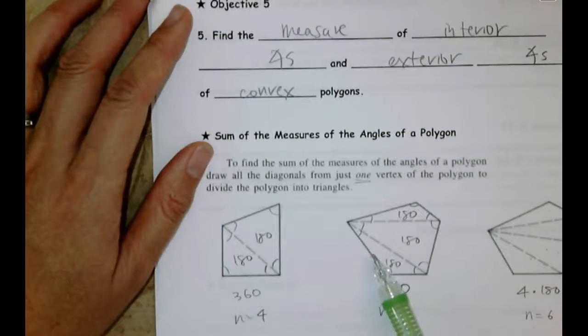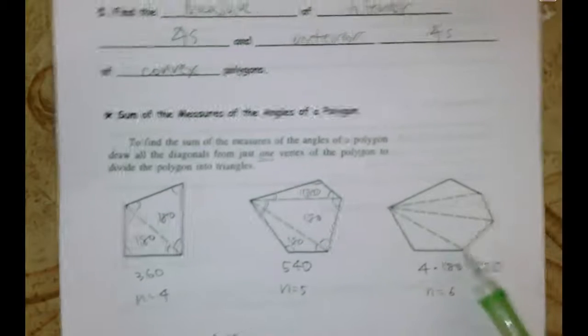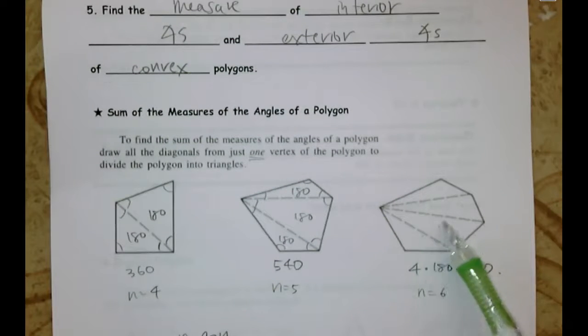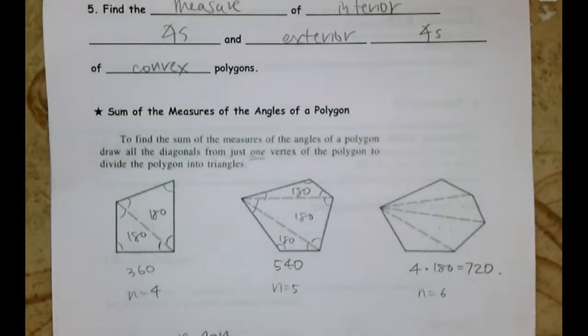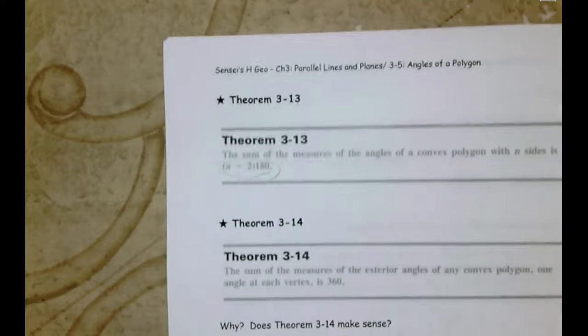This one had 5 sides, 1, 2, 3, 4, 5. 5 minus 2, 3 triangles. Same thing here. This is a hexagon, so 6 sides. 6 minus 2 is 4. There are 4 triangles. So that's why for the polygon, the interior angle sum is (n minus 2) times 180.